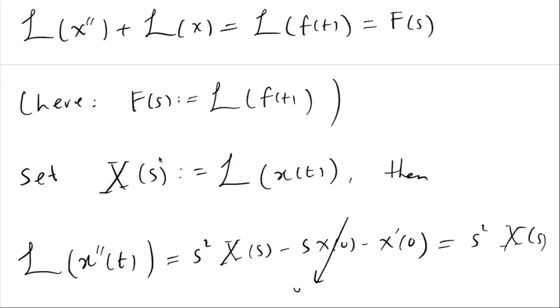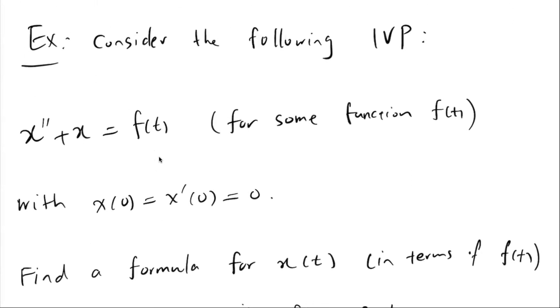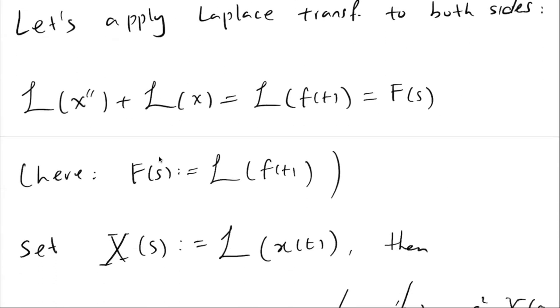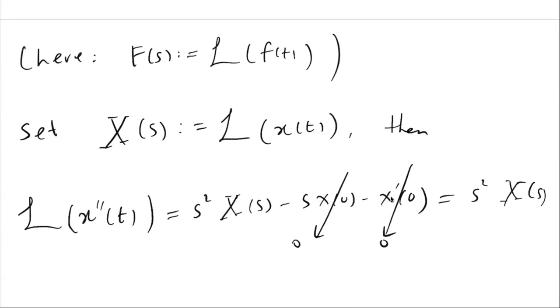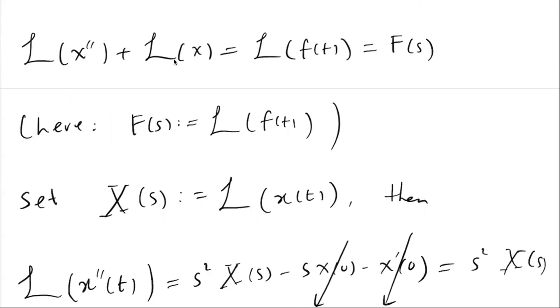Because these terms, x of 0 and x prime of 0, are assumed to be 0, these two terms will vanish, and I'll be left with s squared capital X of s. So capital X of s here denotes Laplace transform of x of t. So this term will be capital X of s. This term will be s squared capital X of s.